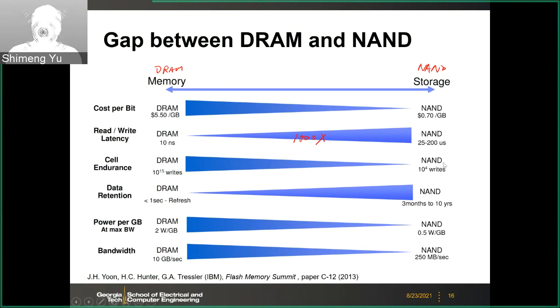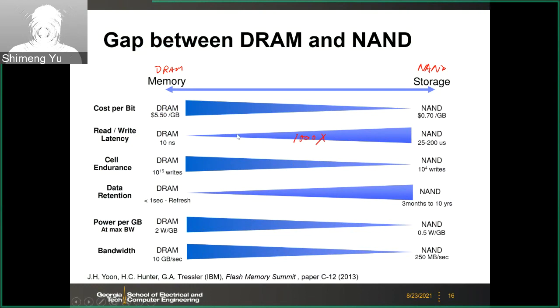But the NAND flash, as we learn later, has a very limited lifetime. You can only write data into your NAND flash about 10 to the power 4 cycles, about 10,000 cycles. After that, the NAND flash cell is basically dead and you cannot use it anymore. We will discuss the details of why this happens later.